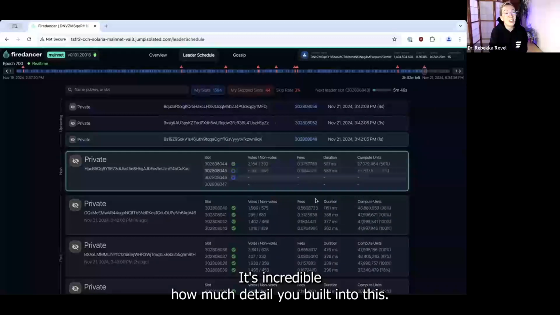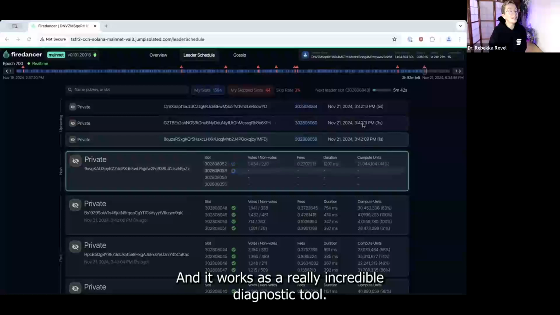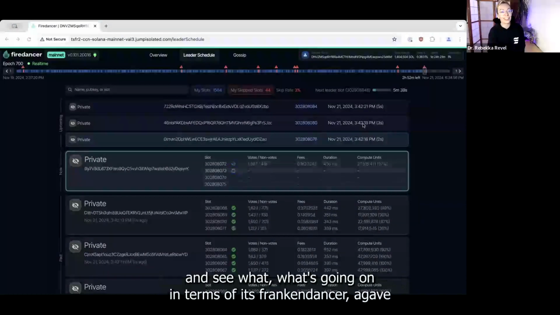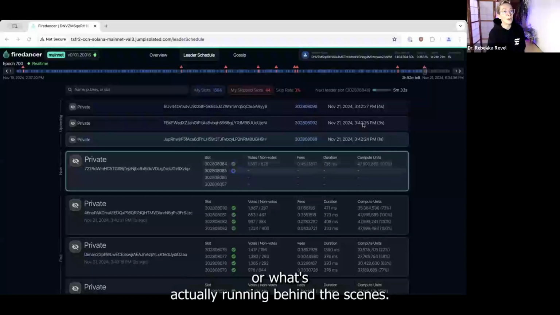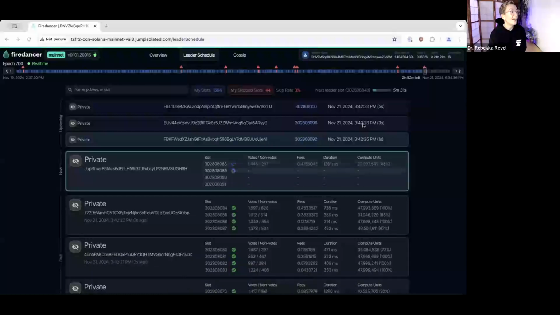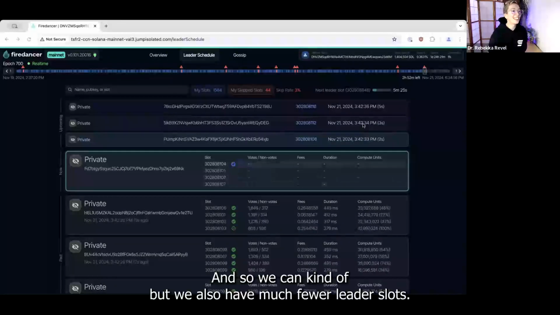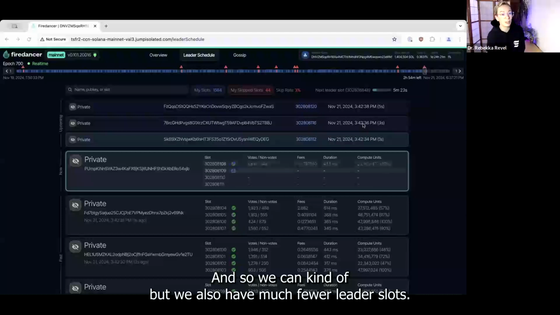No, absolutely. It's incredible how much detail you've built into this, and it works as a really incredible diagnostic tool, not just for your own validator, but to also compare and contrast and see what's going on in terms of if it's Firedancer or Agave or what's actually running behind the scenes. It's really interesting because, for example, our validator, we don't have any skip slots, and so we also have much fewer leader slots.